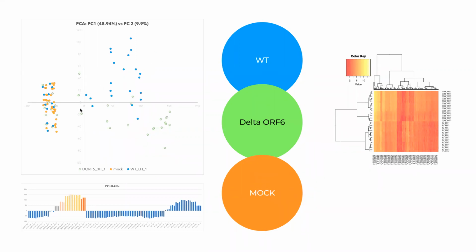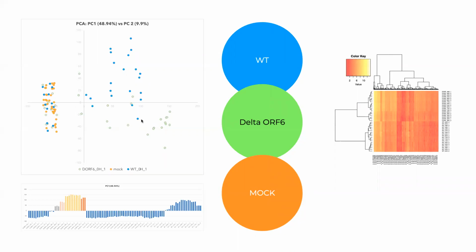And so at the end, we can see that a lot of these are separate, right? They're in separate positions on this principal component 2, which is the y-axis, which is not the most significant, right? So the most significant here is principal component 1, which is the difference between non-infected and infected, which makes sense, right?